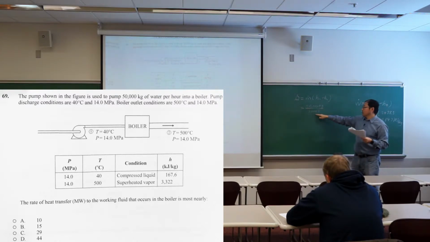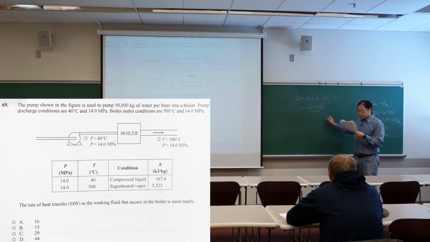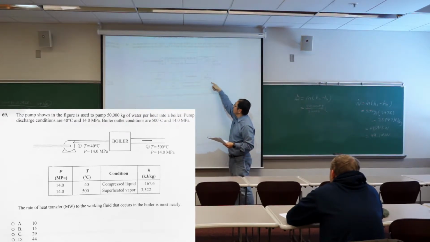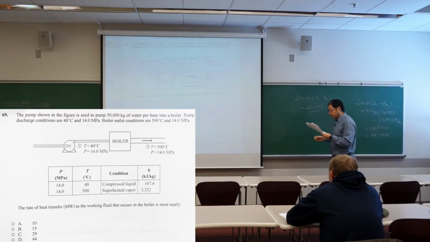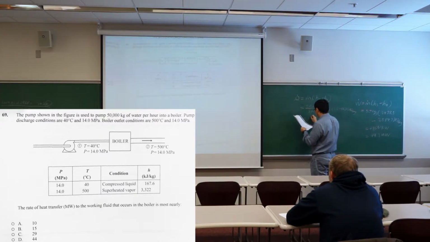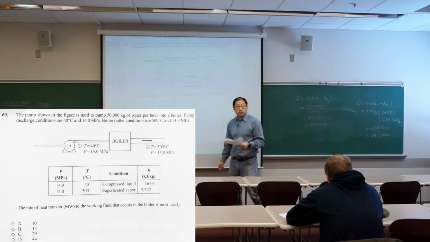So all you need to do is convert 1 hour to how many seconds. And the remaining, the inlet and outlet, are already provided. The H value for the open system is all about H value. And then you just need to convert kilowatts into megawatts.